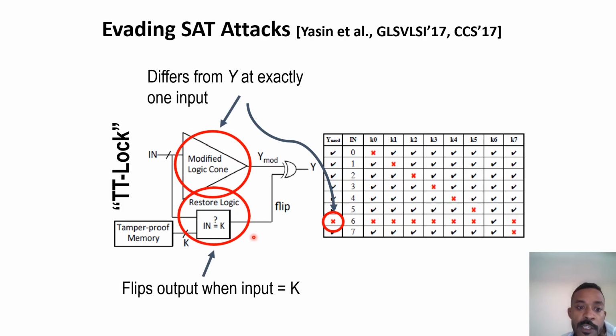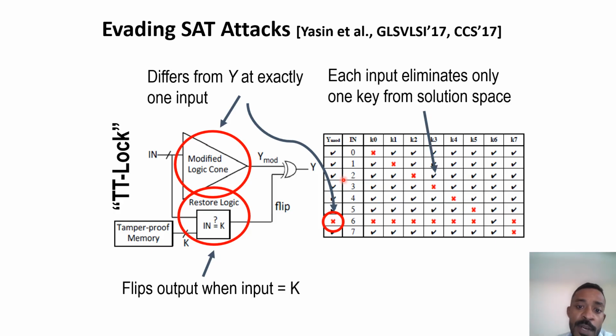To restore the functionality of the circuit, we wait for the correct key to appear, and we check if the input is equal to the correct key. If that's the case, we flip the output of the circuit to get the correct output. This mechanism has the property that each input eliminates exactly one key from the solution space. So for example, input pattern number 4 eliminates exactly one key from the search space, which is key K4.